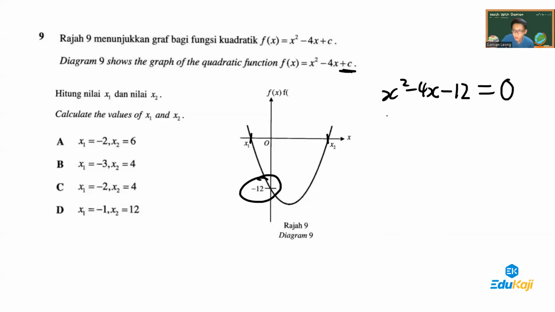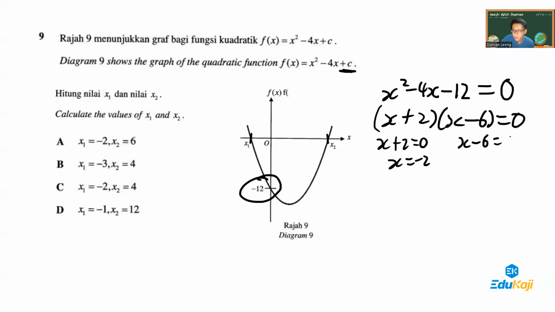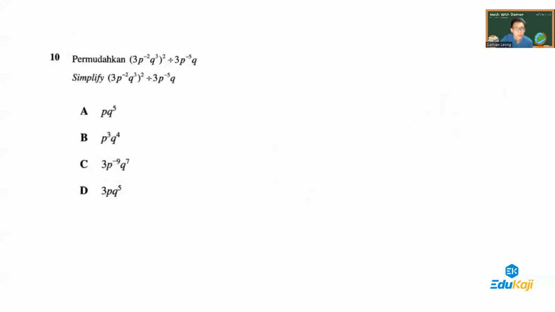So I equate it to 0, just factorize, factors of 12, 2 times 6 to get minus 4, minus 6 plus 2. So it's either x plus 2 is 0, x is negative 2, or x minus 6 is 0, x is 6. Negative 2 and 6. Answer A. Yeah. Question 10.